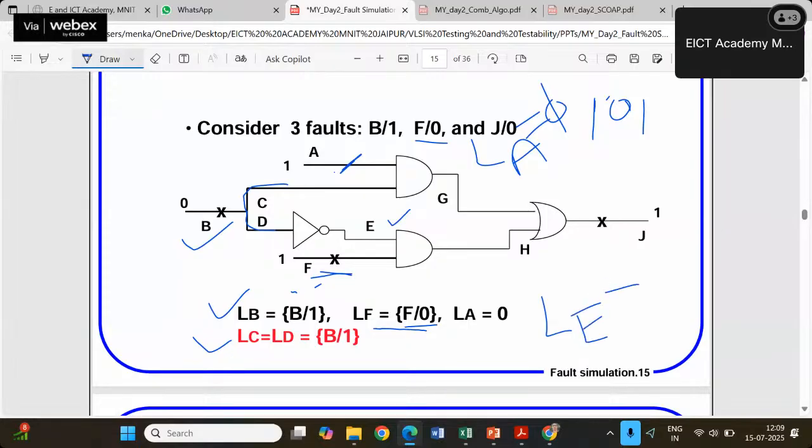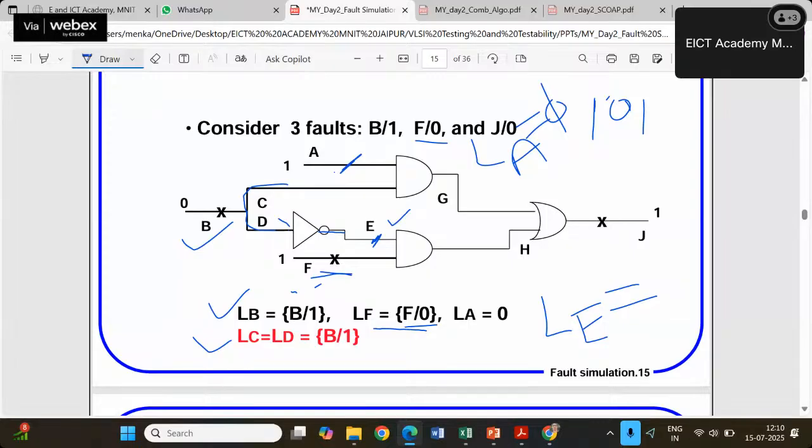Yes, please tell me. So look at this. The B stuck at 1 is going to propagate over here, so this will be equal to LB. If I could have another fault available over here, then depending on what the input was, I could have taken that also into consideration. So LE is equal to B stuck at 1 in this particular case.